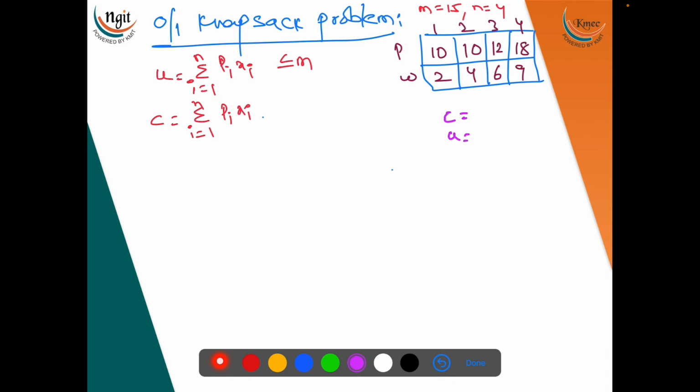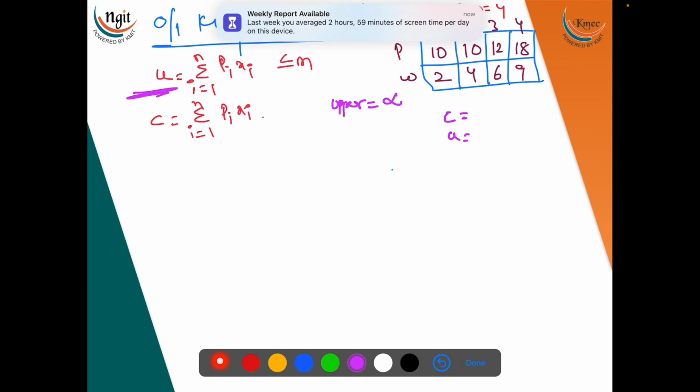First, make the upper value infinite. Then how can I find out the upper value? This is the formula: summation of i equal to 1 to n of pixi less than or equal to m. So find out the u value.